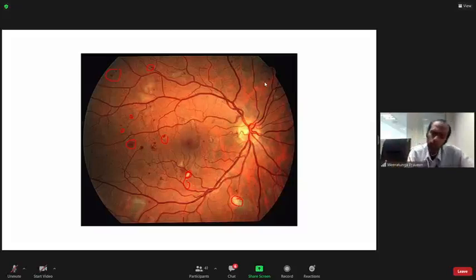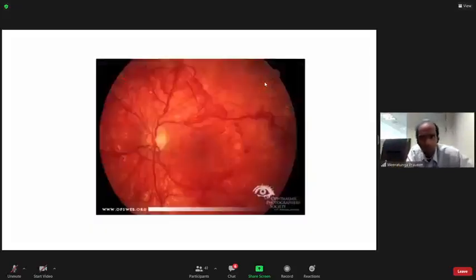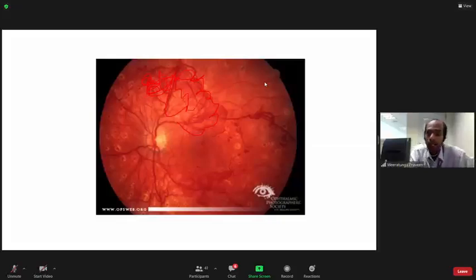Very common fundus photograph. And here you see a completely different picture, again diabetes. I hope you see this clearly: neovascularization, or proliferation of vessels everywhere like that. This is proliferative diabetic retinopathy. And what do you think these things are?